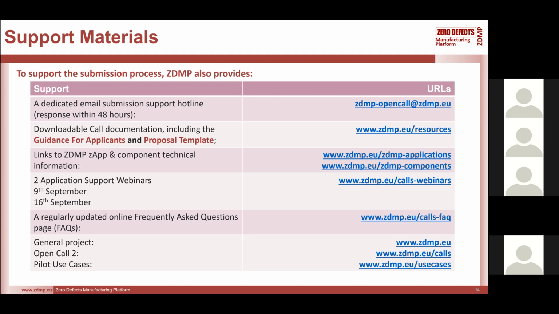Some questions that you may have may already be answered in that page. That can save you having to email our hotline, because you can get the answer straight away. So please do take time to have a quick look at that. And of course, the website itself has got lots of information about Zdmp, about Open Call 2, and about the pilot use cases. Again, Stuart was bringing your attention to some of those in the first part of the presentation.